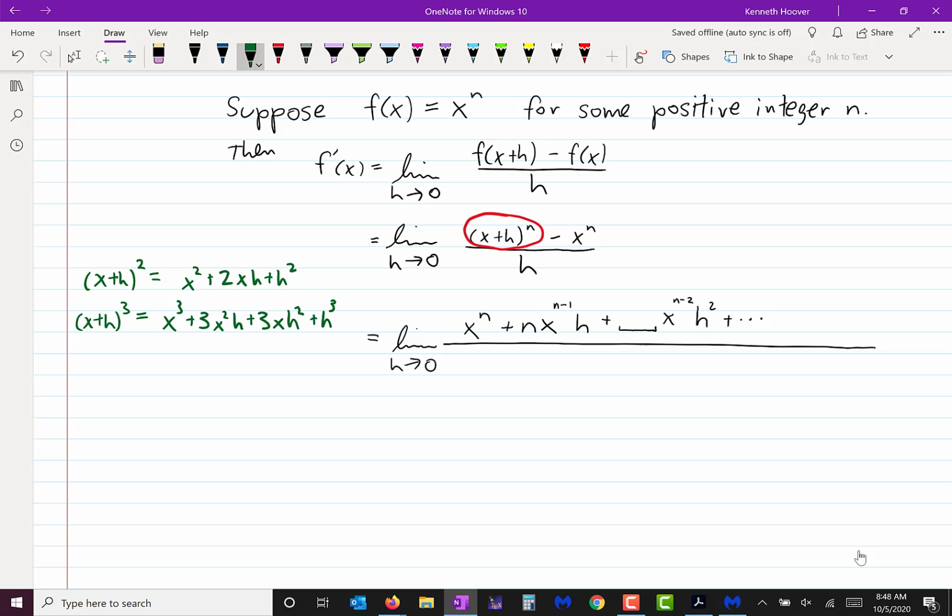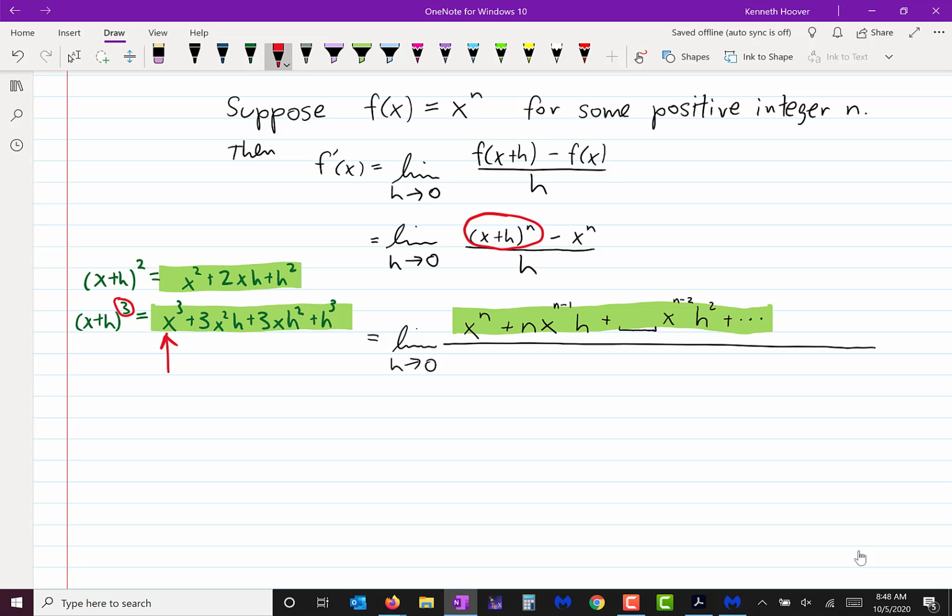Okay? That's all I'm doing here, you see there's a formula for these types of things. And it always starts with x to the power n.